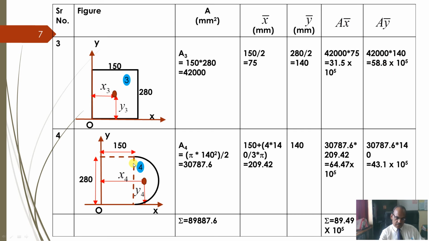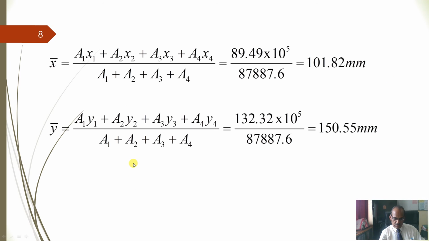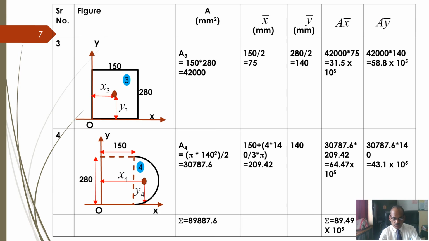Okay, and the last one is a semicircle, this half circle. The area, you know, is pi r square by 2, that you can write down. Next, you see the centroid of the semicircle lies on this axis, on this horizontal line which passes through the center. So this is the centroid. Now if I draw a vertical line through this point, it will intersect the x-axis at what distance?